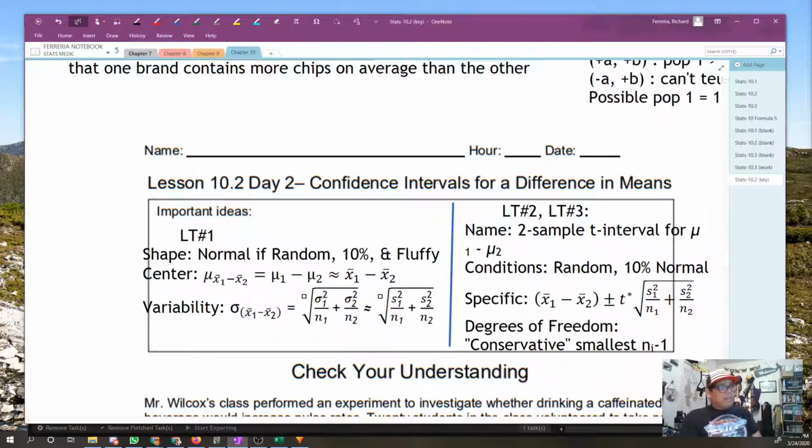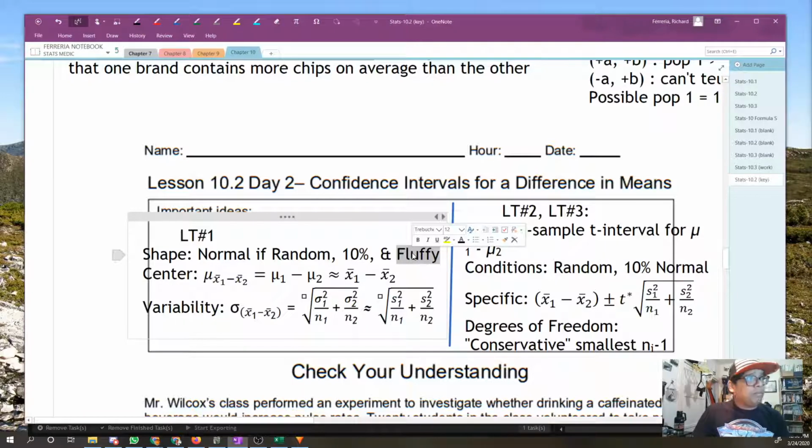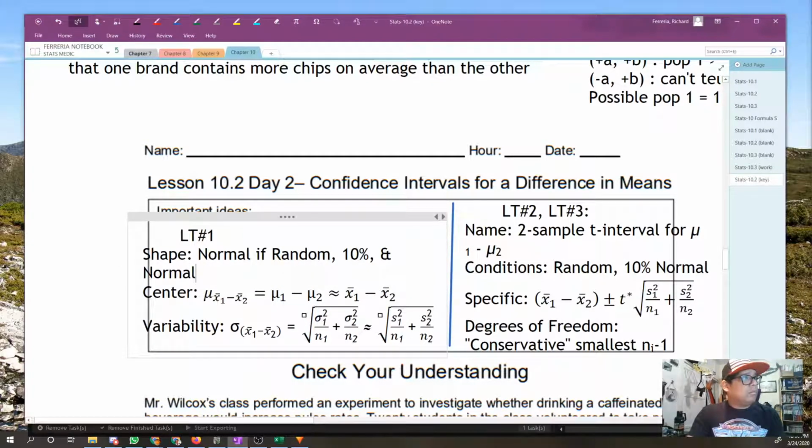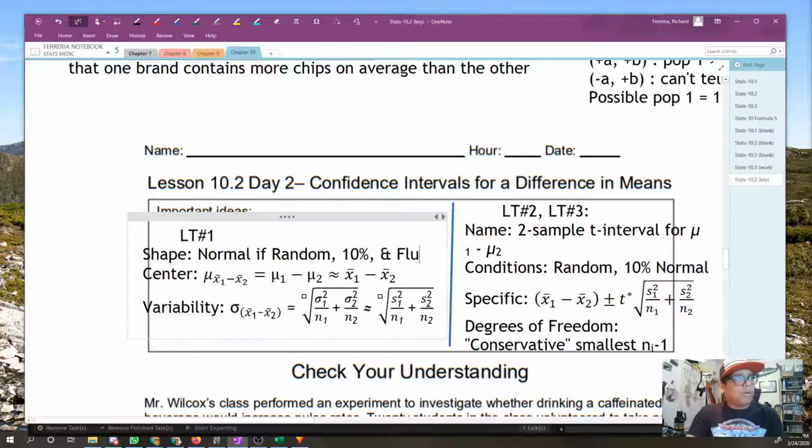No, that's not right. That should be normal, which includes Fluffy. Oh, well, no, Fluffy is all that normality condition. Remember, Fluffy comes from Hagrid's dog in Harry Potter. I like it. If you don't like Harry Potter, then you can choose whatever you want to call it.